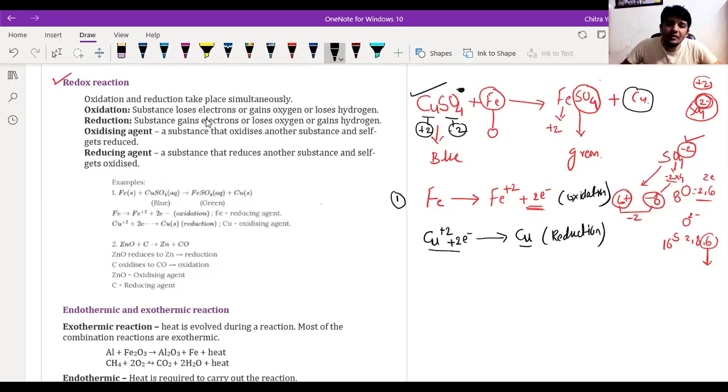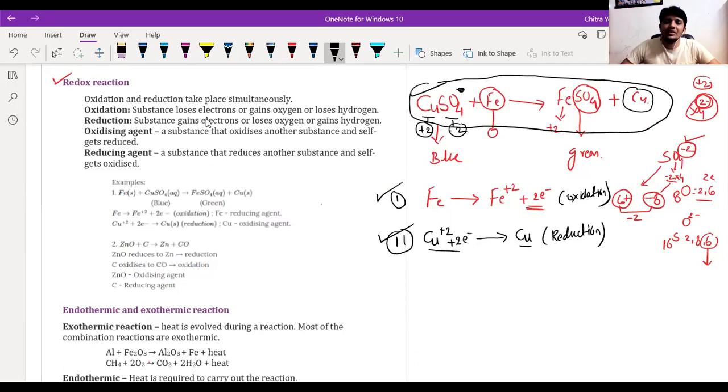So in the given reaction, in the first reaction oxidation takes place, and in the second reaction reduction takes place. Therefore the reaction I am showing over here is oxidation and reduction. Both reactions take place simultaneously. That's why it is the redox reaction.